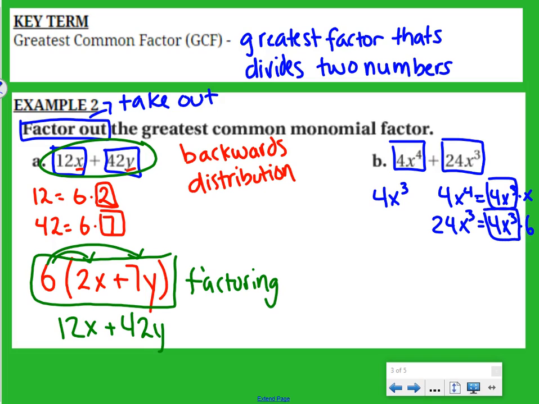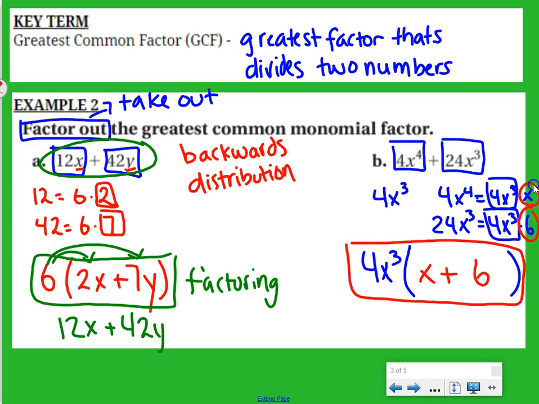So when we take out that factor 4x to the third, we have to write down what we have left over, which is x plus 6. So that would be written in factored form. We take out whatever we can.